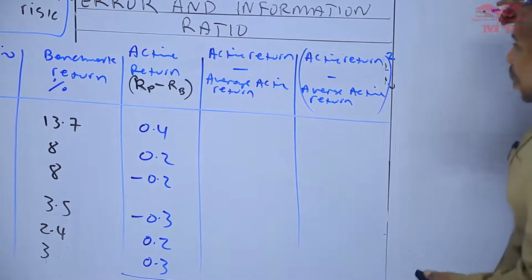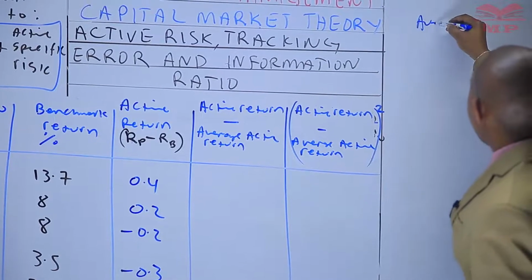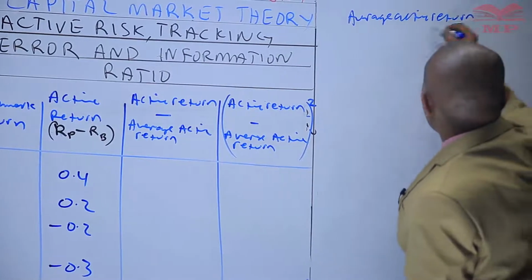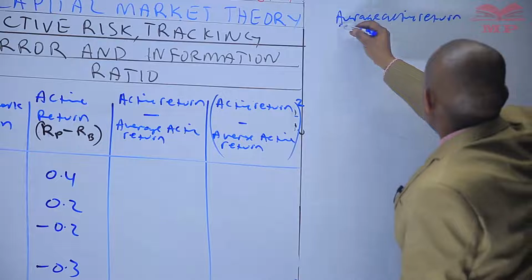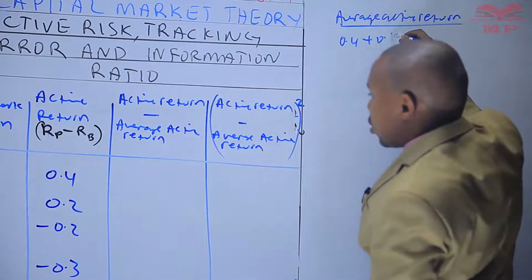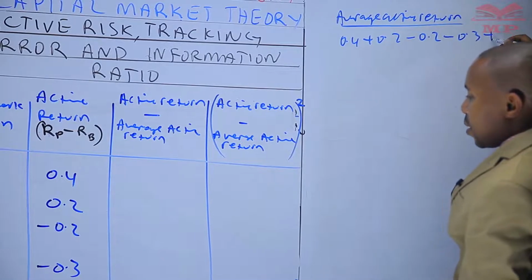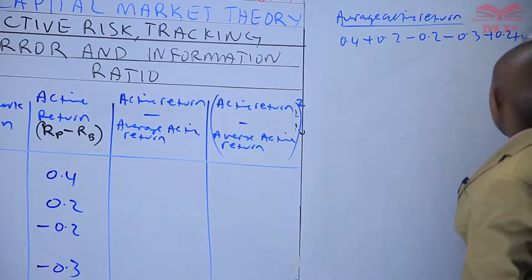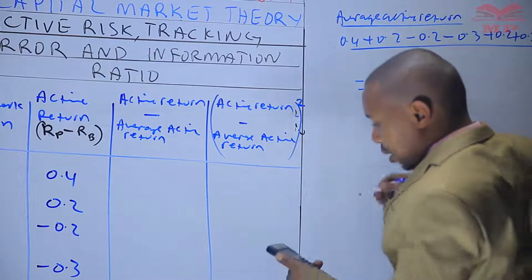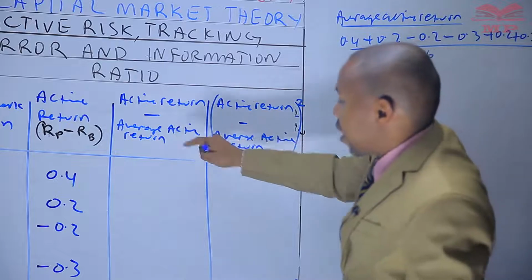So we are saying the average active return over there is given as, we'll add all this, 0.4 plus 0.2 minus 0.2 minus 0.3 plus 0.2 plus 0.3 all over 6. And here we are getting how much? 0.1. That is the average active return.